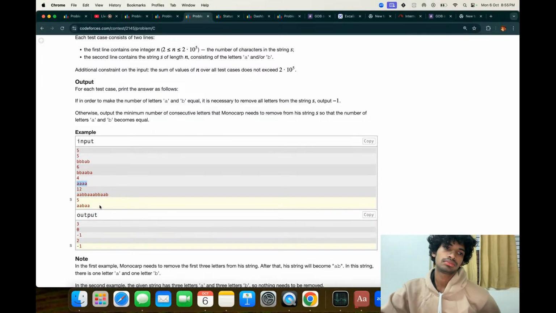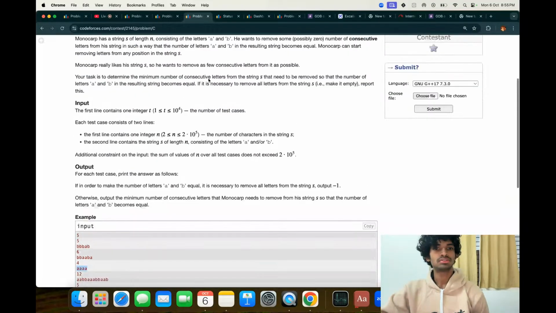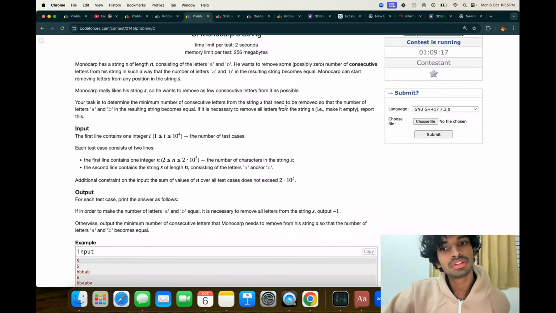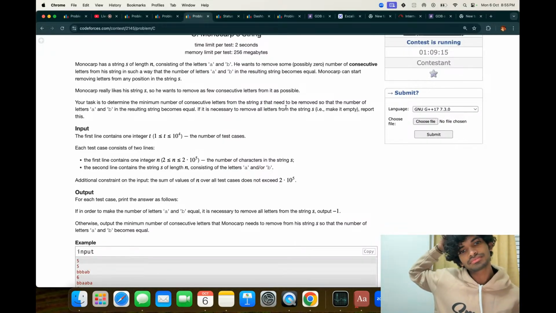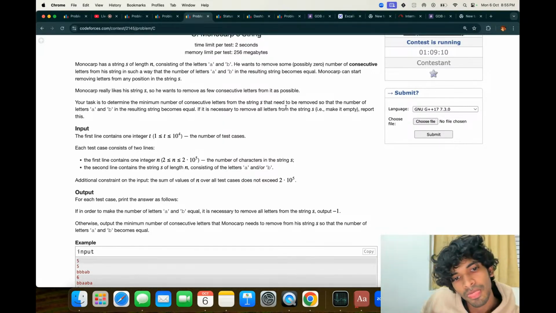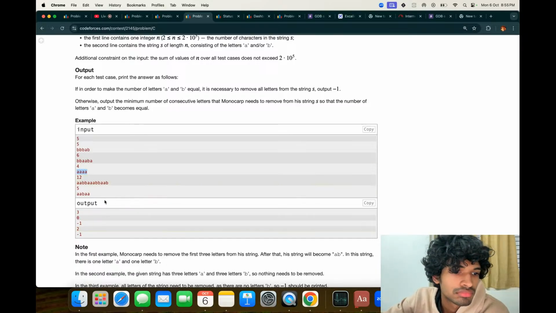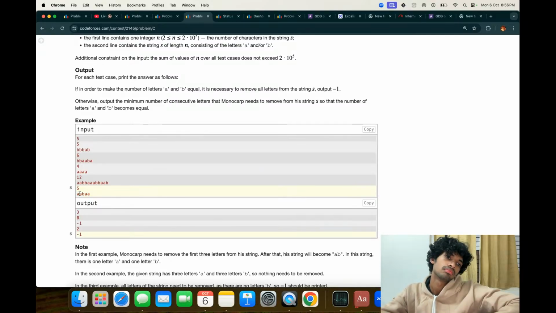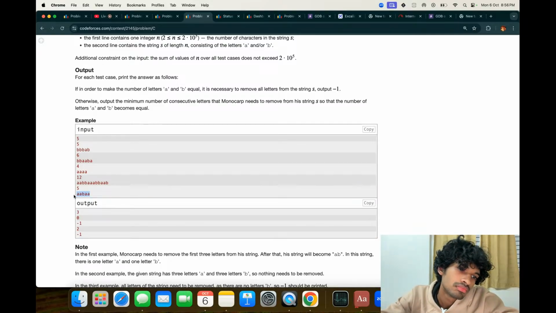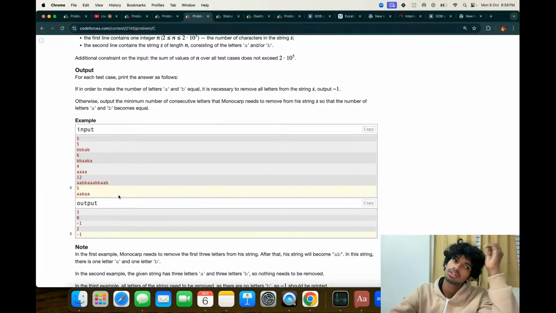Here it's not possible because you have to remove everything. Even here it's impossible because you have to remove everything, otherwise you cannot get plus 3 anywhere else.